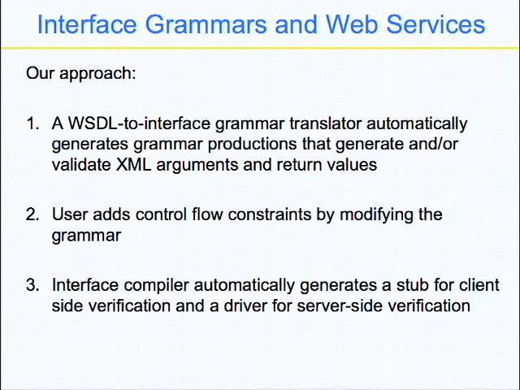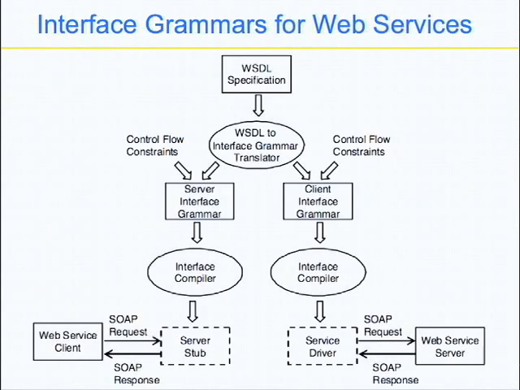And then we'll automatically generate the driver for the server and the stub for the client verification. So again, this is the overview of what's going on. You take the WSDL specification, and we generate the server interface grammar or the client-side interface grammar.